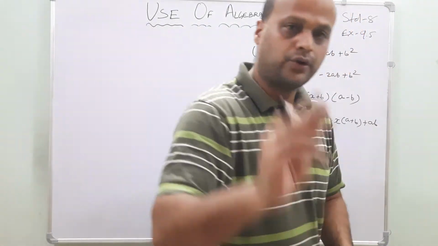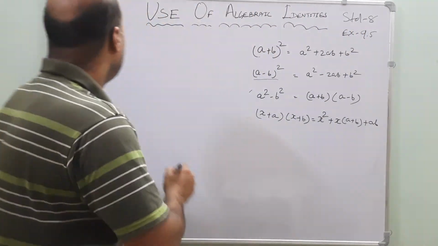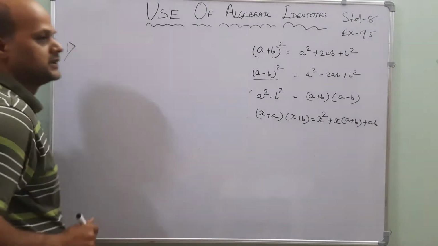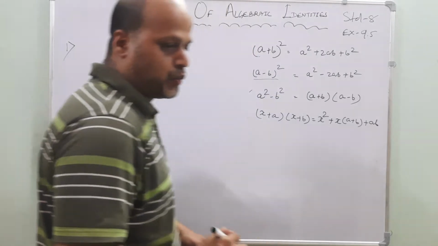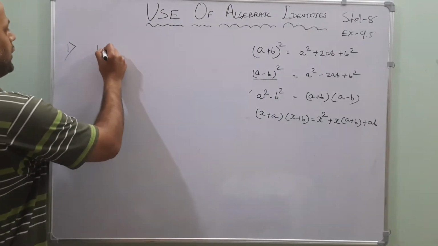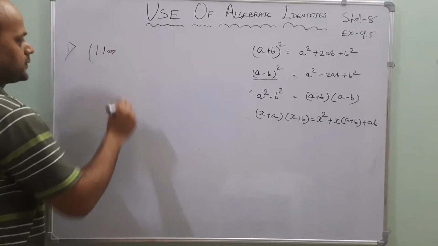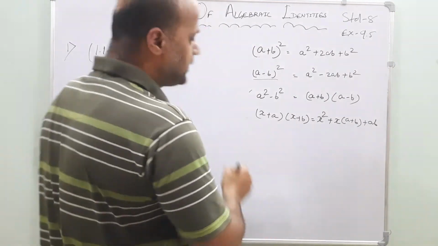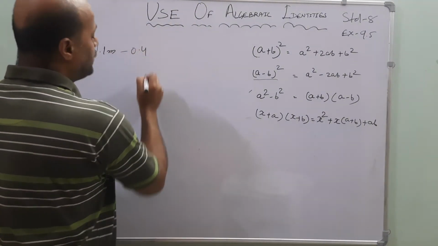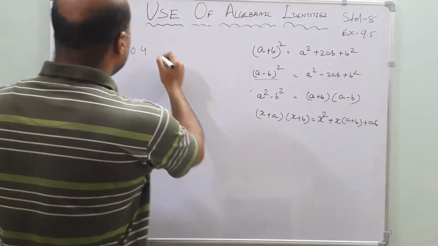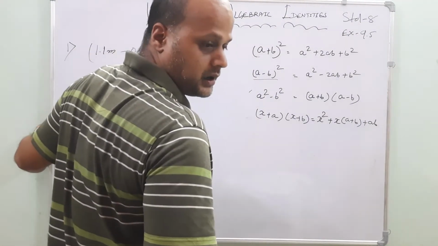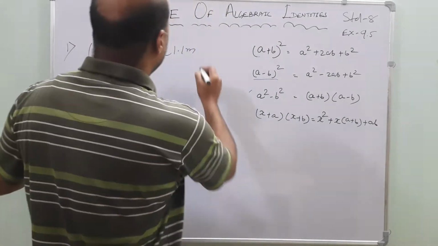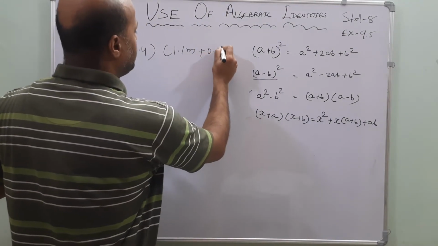Okay, only two questions. First one. Already in first number, some of the questions we have discussed, so I will discuss only one. Which one? Let's go for (1.1 m minus 0.4) into (1.1 m plus 0.4).